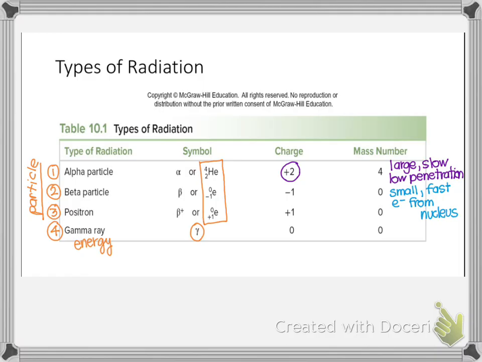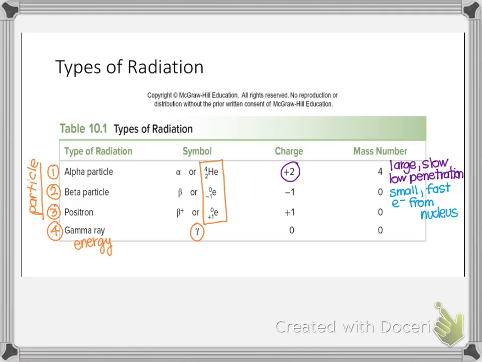In this transformation, and remember what's happening is radioactive isotopes are unstable. So their nucleus is undergoing transformation to try to be stable. So in this case, a neutron actually changes into a proton. And in that process, an electron is emitted.